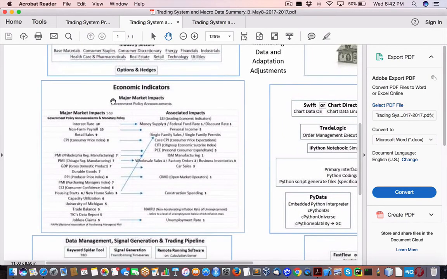So here he talks about the major market impacts on economic indicators that drive price. From the Fed or central banks, interest rate, non-farm payroll, retail sales, CPI, PMI, GDP, PPI, PMI, consumer confidence index, housing starts. He's got it all here.